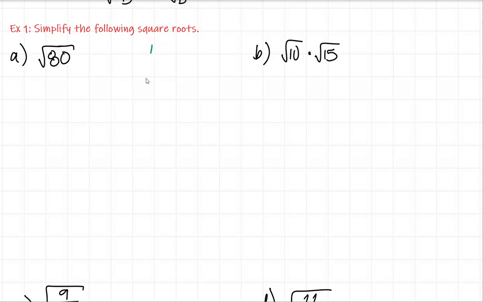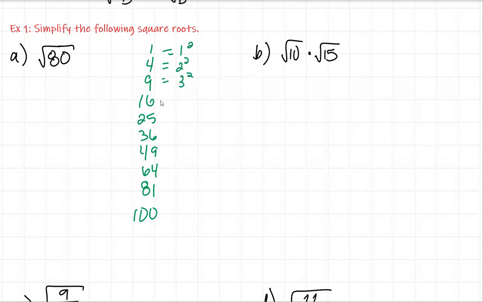Think about all your perfect squares: 1, 4, 9, 16, 25, 36, 49, 64, 81, 100, and so on, because this is 1 squared, 2 squared, 3 squared, 4 squared, 5 squared, 6, 7, 8, 9, and 10 squared.